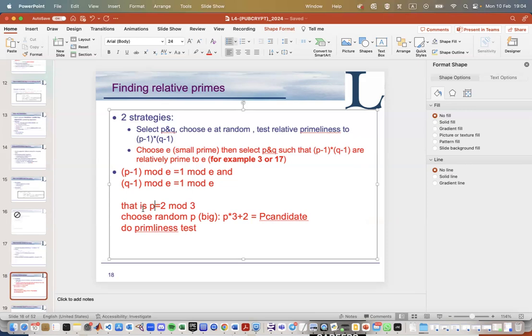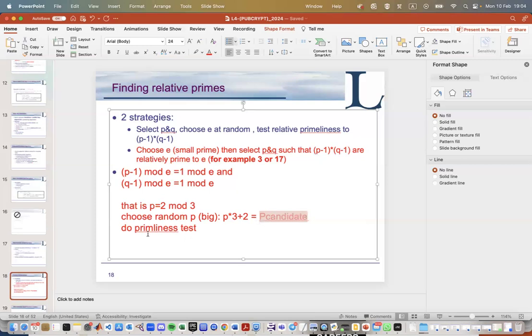So for practical key generation in operating systems, when you use these APIs and commands to generate keys, it is done like this. One of the exponents is chosen to be small. Then P is computed. You generate a random big number P, multiply it by 3, add 2, and this becomes your candidate.